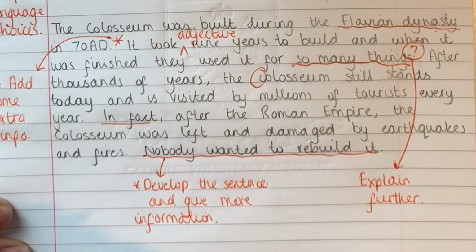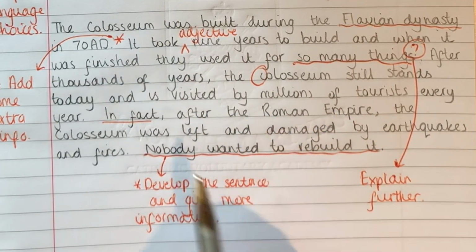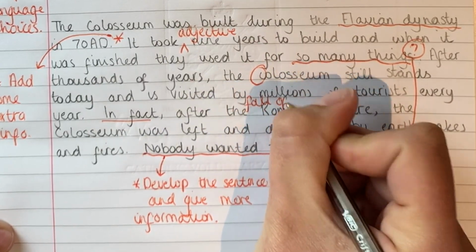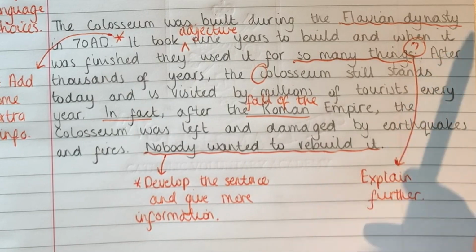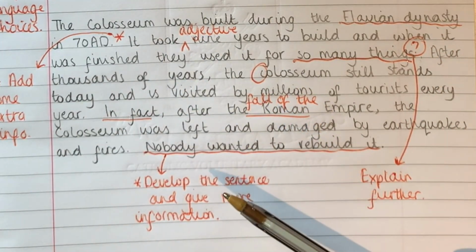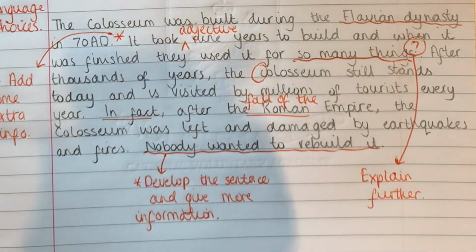Okay, another thing I just thought of, so after the Roman Empire, I wonder if I could put something like after the fall of the Roman Empire, just add a little bit more impact. Okay, so I think that's my plan for my edit. What I'm going to go do now is Post-it note these and make it even better.